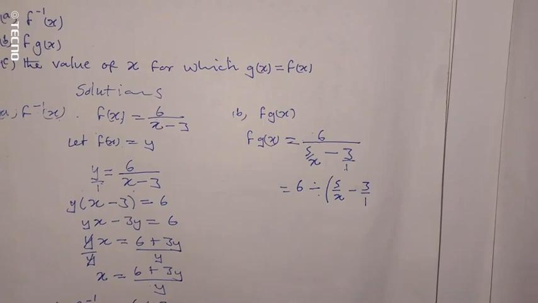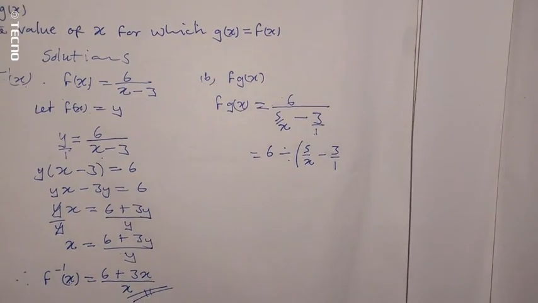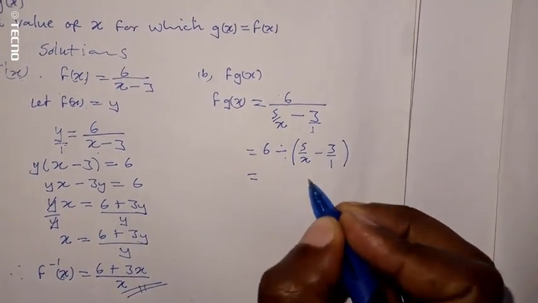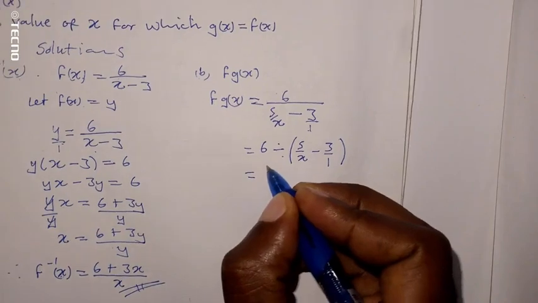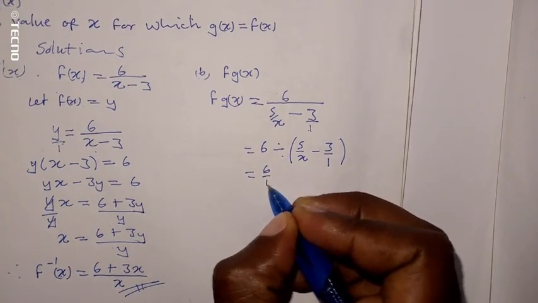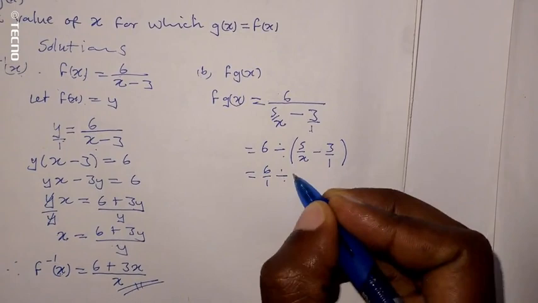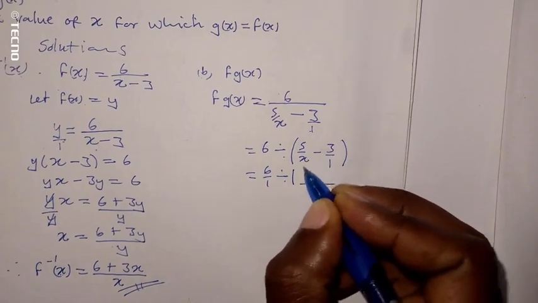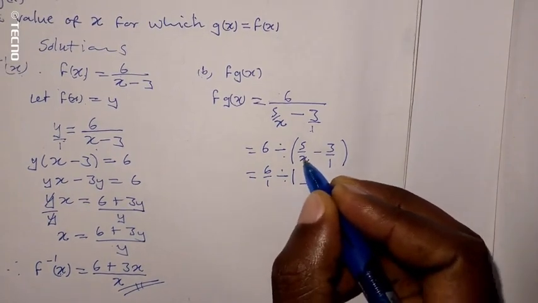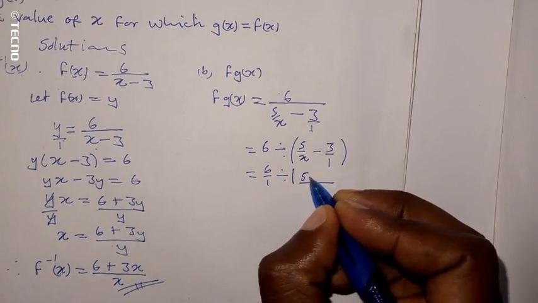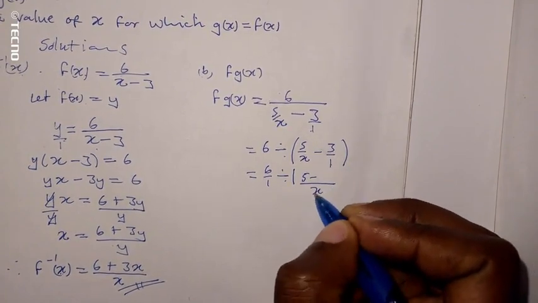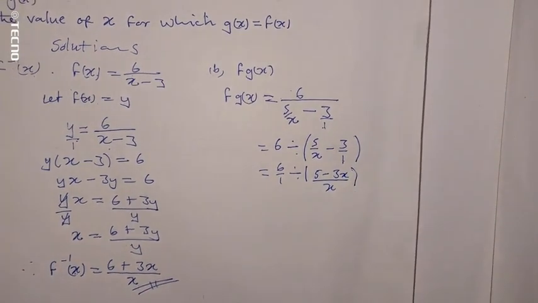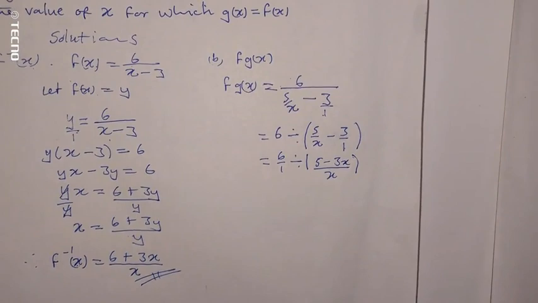Then, close, this is equal to 6 over 1 divided by, with a common denominator x, 5 minus 3x, all over x.